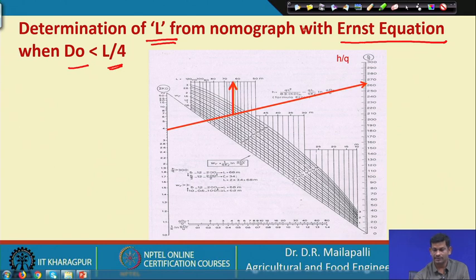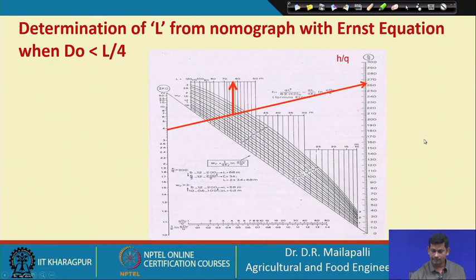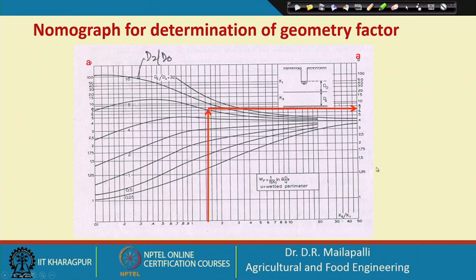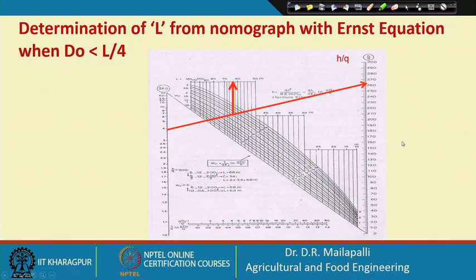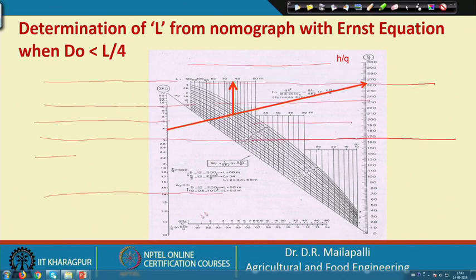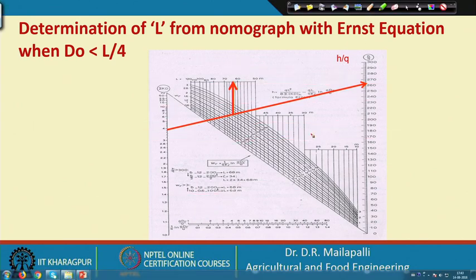D naught is dt in our case. So, knowing the dt, if the dt is less than L by 4, then L can be estimated using the following nomograph.